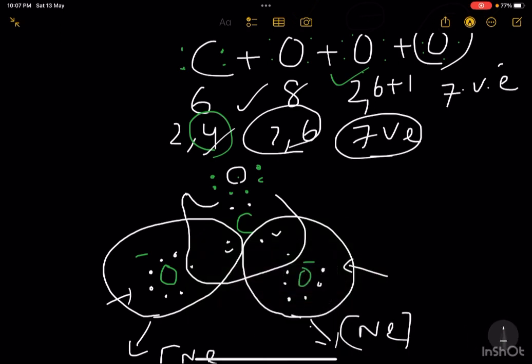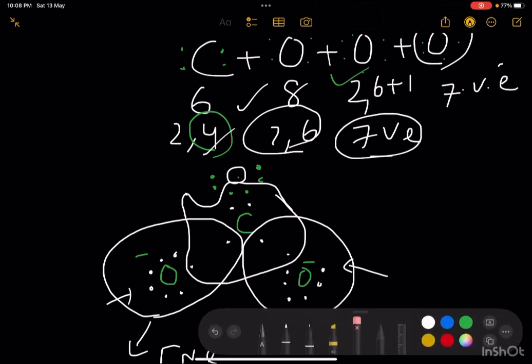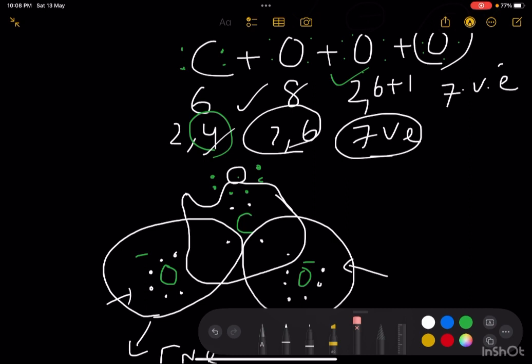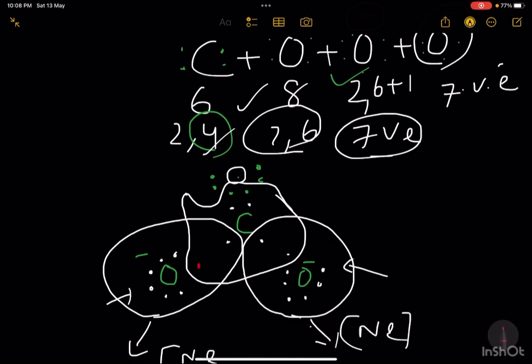Now you see, the carbon has 8 electrons. Carbon has how many electrons? 8. I am just showing by red color. 1, 2, 3, 4, you see 4 dots. 4, 5, 6, 7, 8. So carbon attains octet.